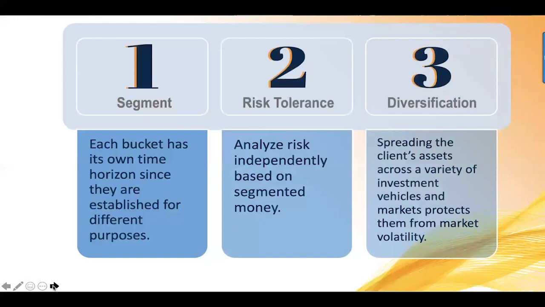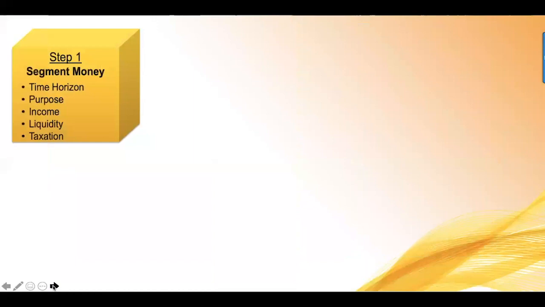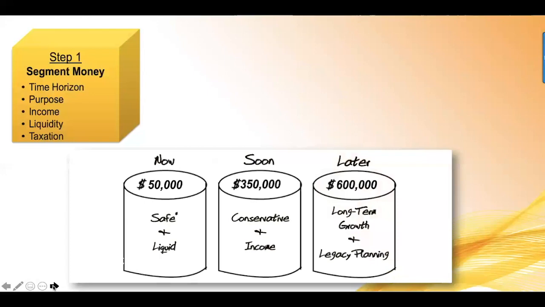The soon bucket is going to be your fixed income or fixed income alternative. And then the later bucket is going to be much more diversified across all asset classes. A healthy portfolio is going to look something like this. Overall asset class, small amount in cash, fixed income is going to be whatever amount you need to solidify the income or buy the time horizon for the client.